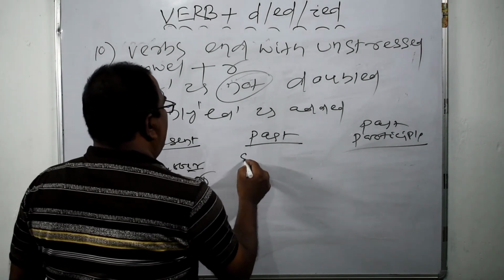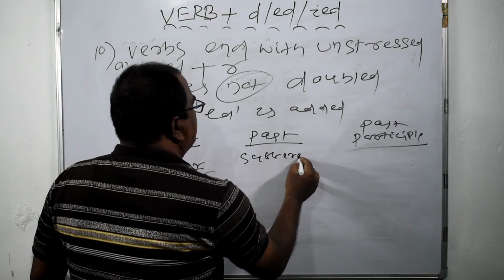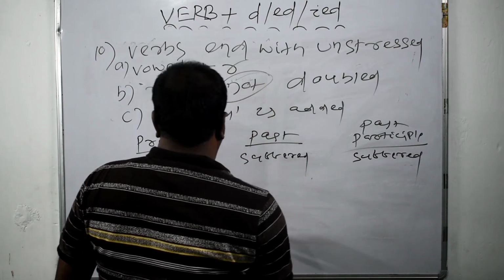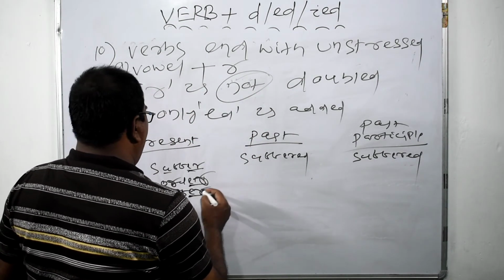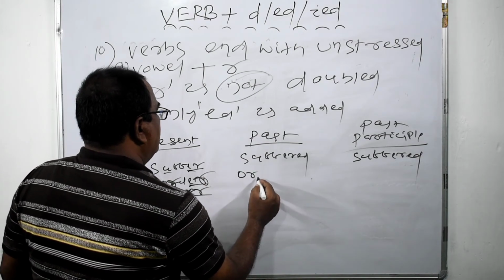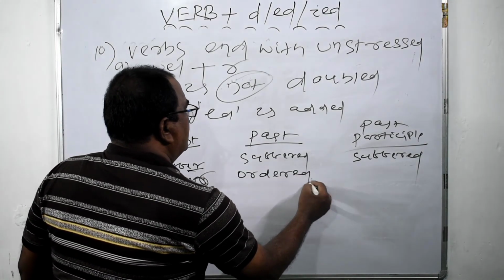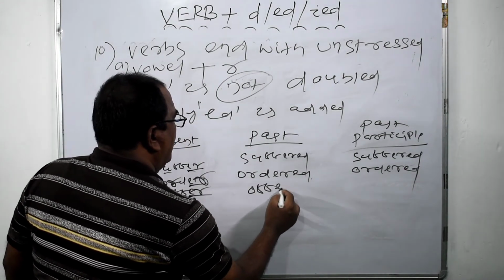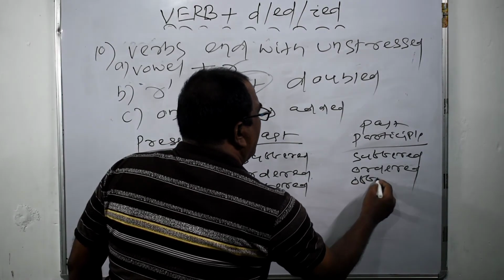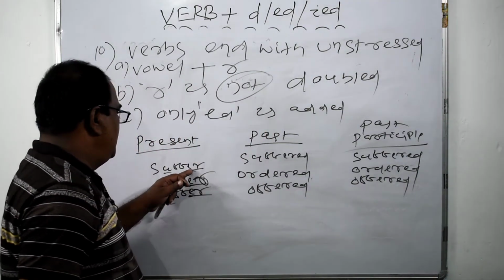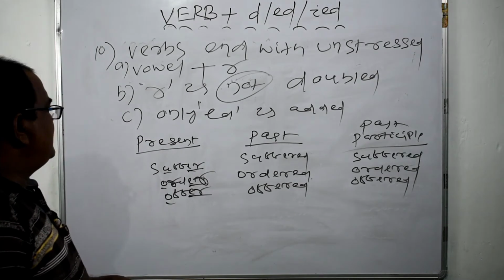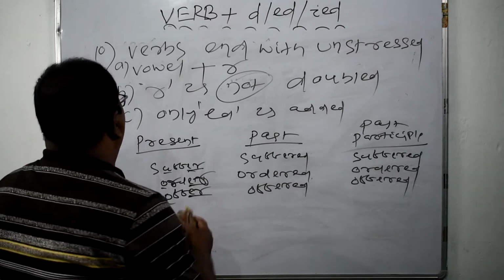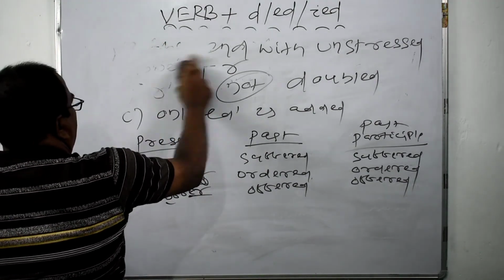Therefore, the last R is not doubled. Suffer, suffered. Without doubling R, we have to add ed. Ordered. Offer, offered. Here, the last vowel is not stressed, therefore the last R is not doubled.